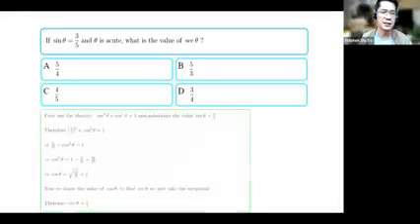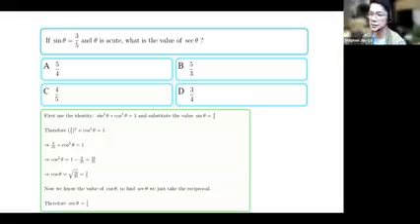Okay, to answer this, we use the identity sine squared theta plus cosine squared theta equals 1. Substituting the value of sine theta equal to 3 over 5, that's (3 over 5) squared plus cosine squared theta equal to 1. And then transpose to simplify and combine like terms: cosine squared theta equals 1 minus 9 over 25.